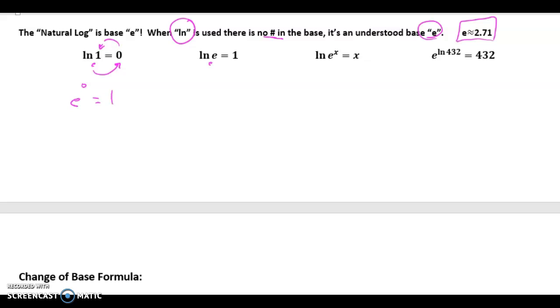Natural log base e of e would say e to the first is equal to e. And that's true. And e to the ln of x power is equal to x. And this is our Nike rule again. e to the natural log base e of 432 is equal to 432.